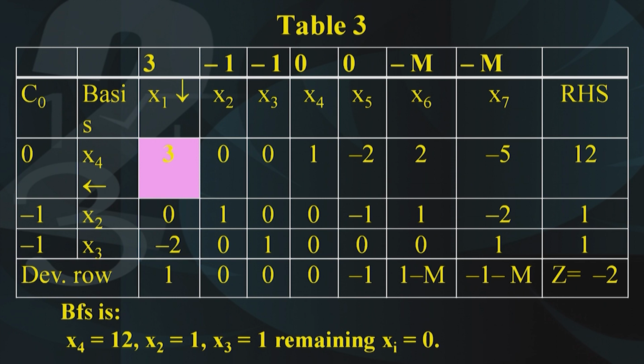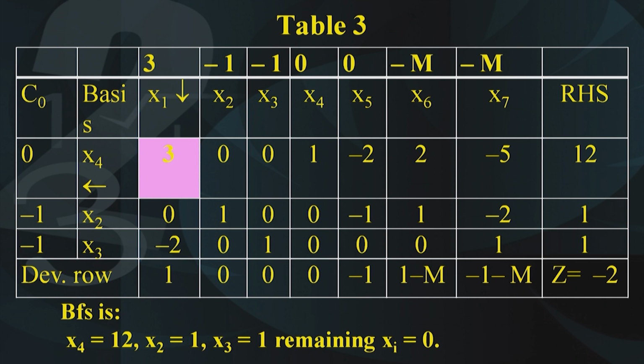Now, you will observe that both the artificial variables x6 and x7 have been removed from the basis, and that is what we wanted. You remember, we do not want any artificial variable in the basis, and that is what we have got over here in this table.